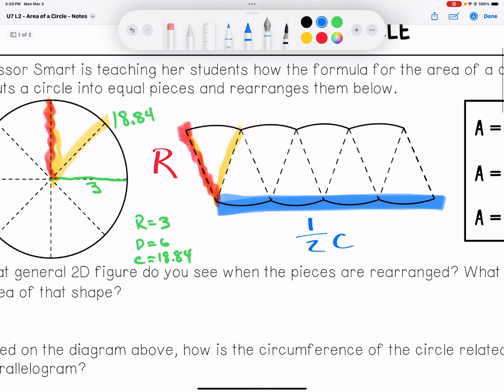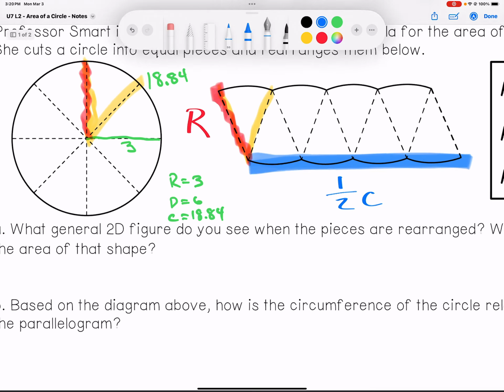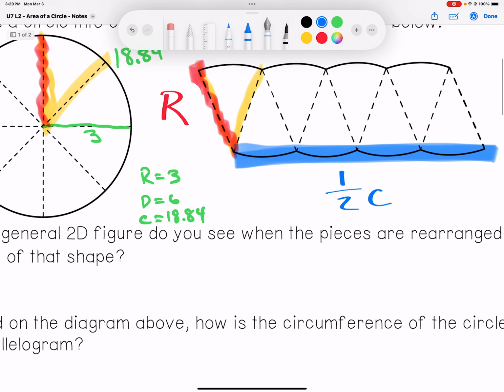Now, let's go answer our questions and then we'll come back to the A's up there at the top. What general 2D figure does this look like? I didn't draw that equally there. Okay, yeah, a rectangle, but see how it's turned a little bit? Do y'all remember what shape it is? It's called a parallelogram.